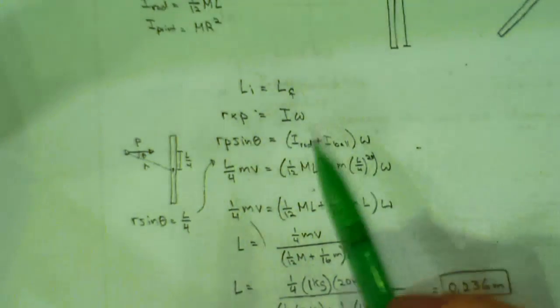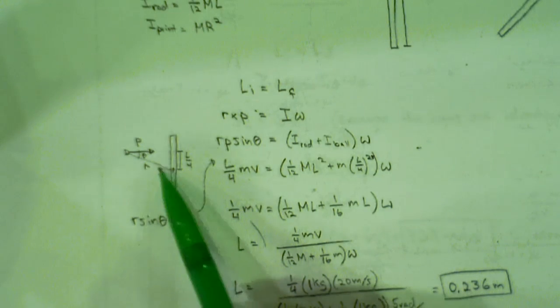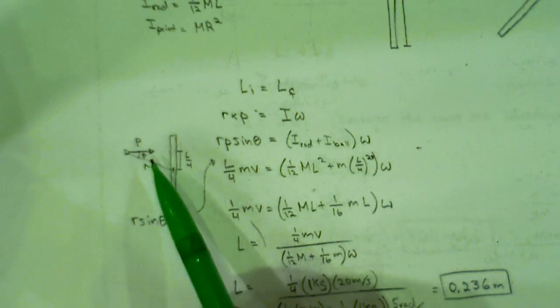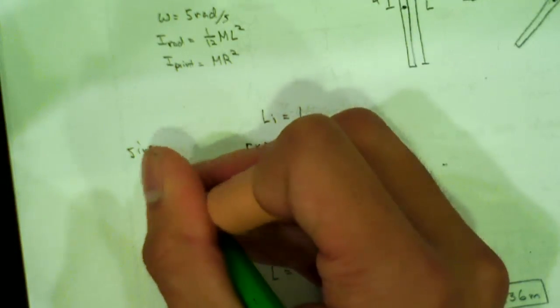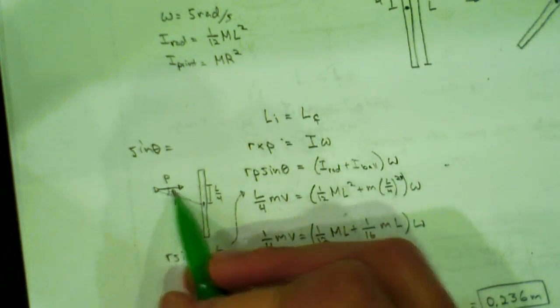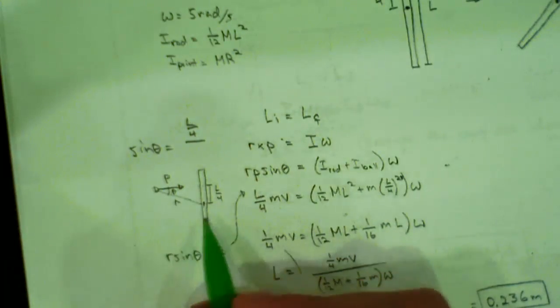I picked an arbitrary point along the path, and you have r right here, and you have p this way, and the angle between them is that theta. If you just use trig, because this is just a right triangle, sine theta is equal to opposite over hypotenuse. The opposite of this angle is L/4, and the hypotenuse is r.